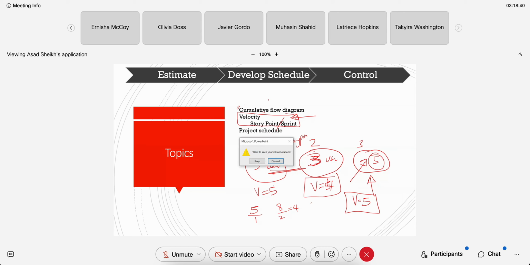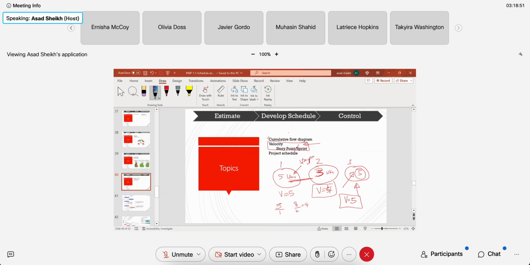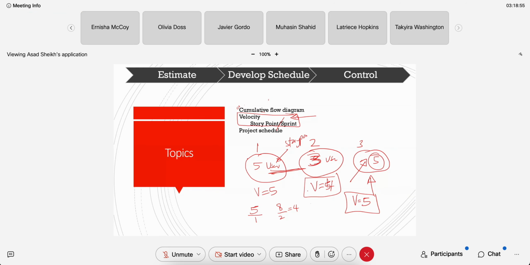Sorry, so this would be 13 divided by 3, which is 3.6.